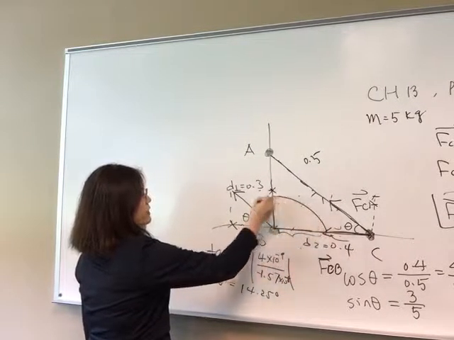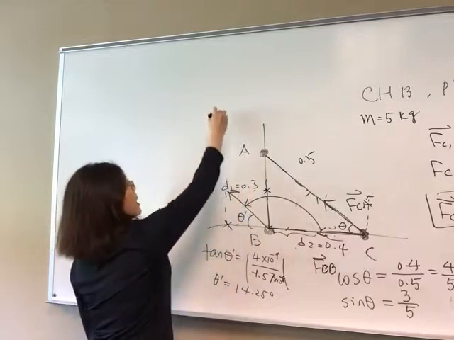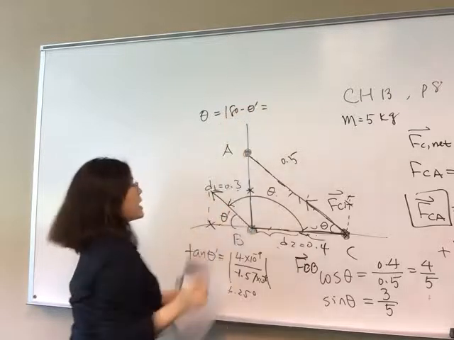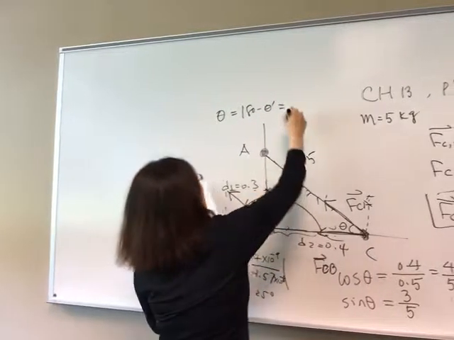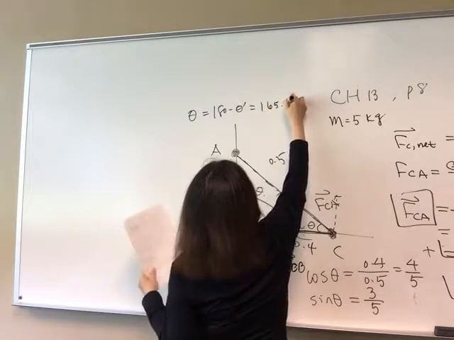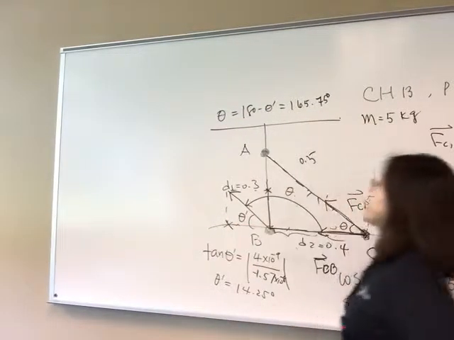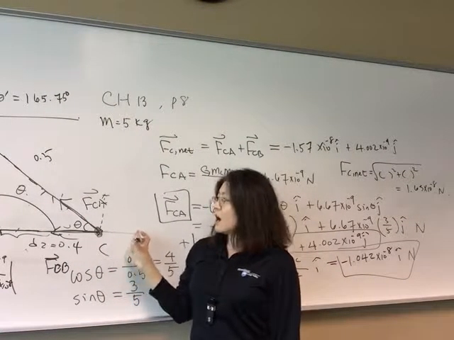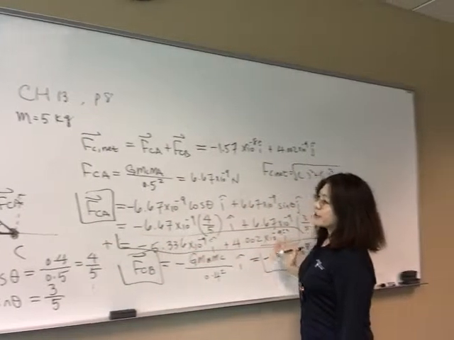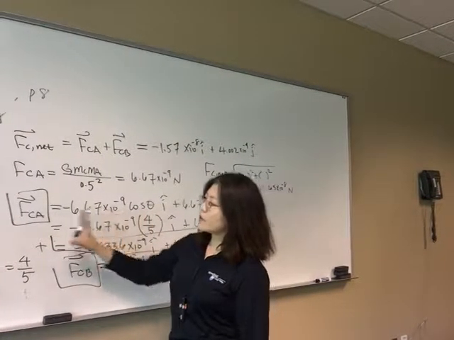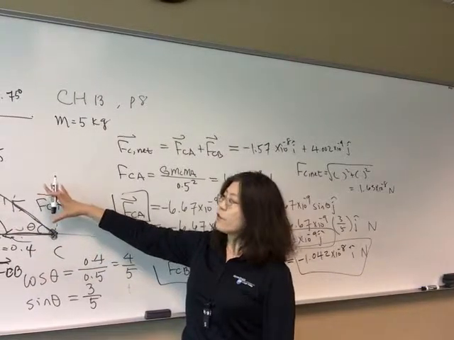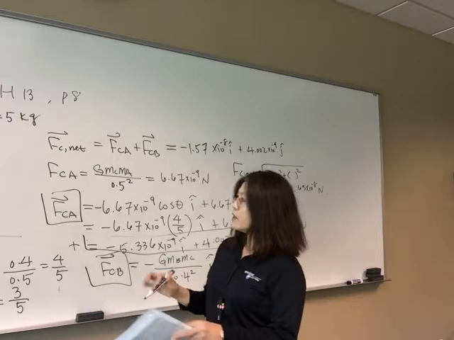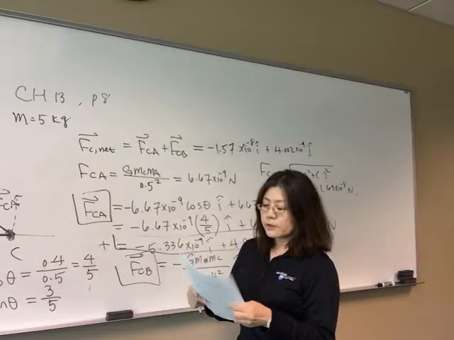Then your theta is 180 minus theta prime, so you will get 165.75 degrees. Okay. So you can see that when you have forces that are not along either the x or y direction, the process is a little bit more involved, because you have to resolve the vector into x and y components before you can do a vector sum with the other forces. Okay, so that is problem 8.